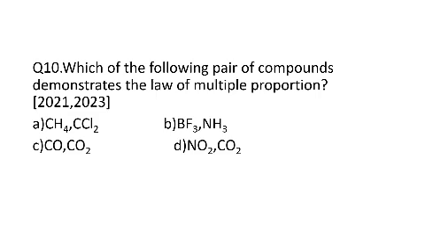Question number 10: which of the following pairs of compounds demonstrates the law of multiple proportion? If we see option C, it is the correct answer for this question because it has the same elements, carbon atoms and oxygen atoms, varying in different proportions.